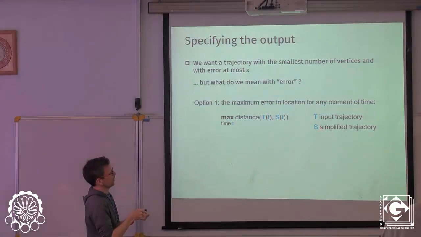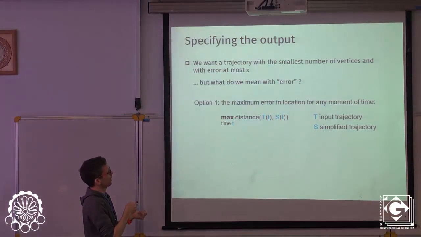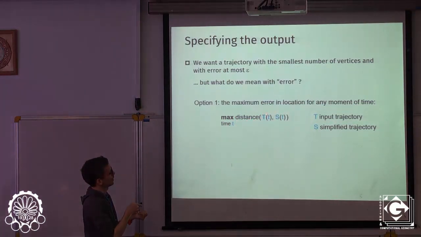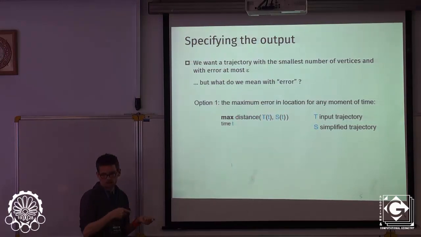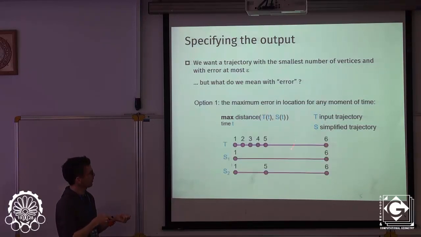Given an input trajectory, I will want to find a simplified trajectory such that at any point in time the maximum distance from the trajectory to the simplification is small. That is if I really want to keep the time in. And that then would enforce this variant here.